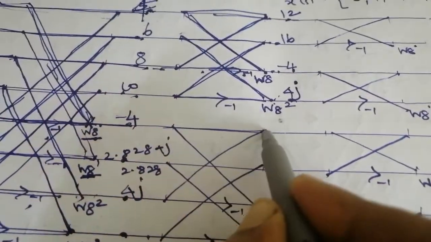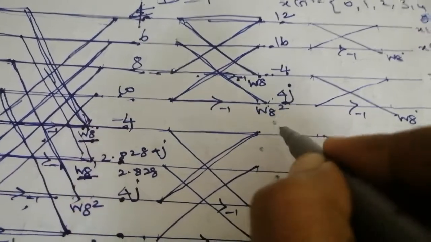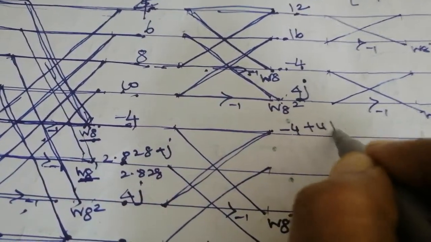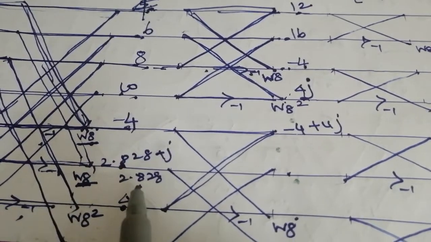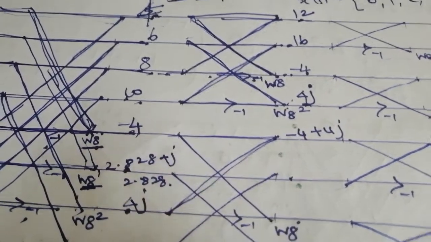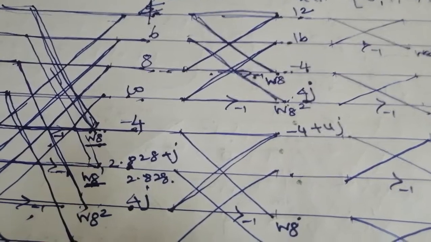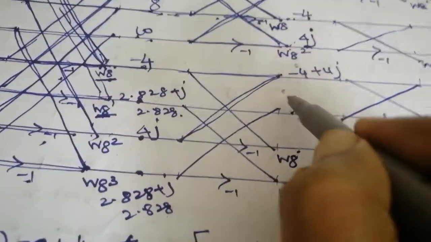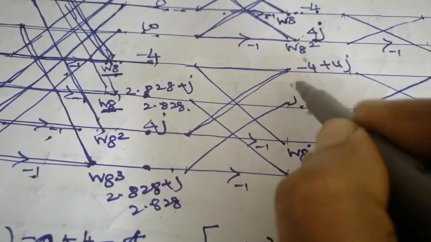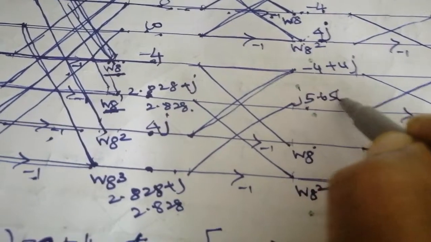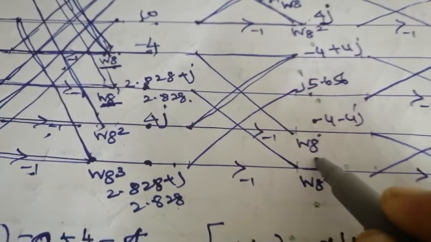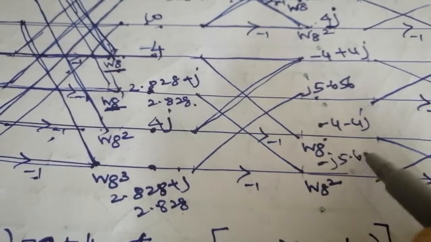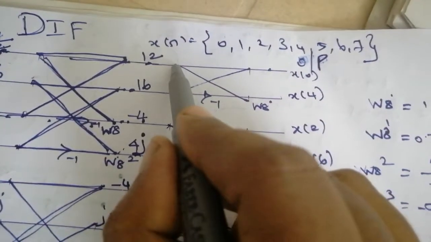This value is minus 4 plus 4j. So minus 4 plus 4j, and this line is 2.828 plus j 2.828 added with 2.828 plus j 2.828. Okay, so the answer is j 5.656. Likewise these two lines, minus 4 minus 4j answer. Here minus j 5.656.